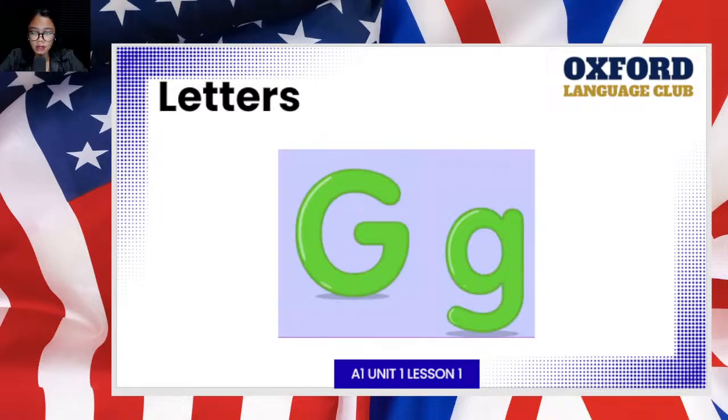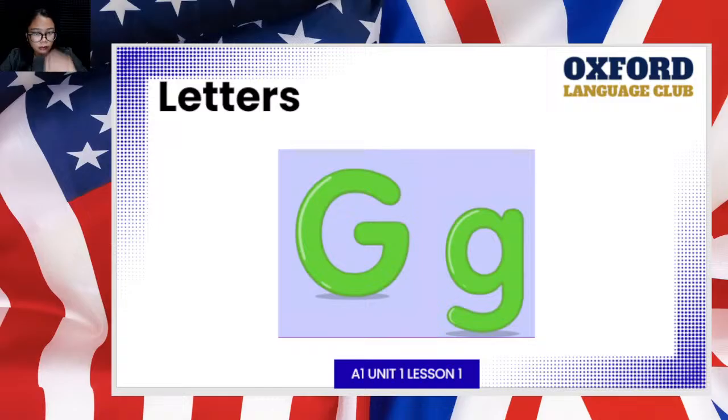Next, we are going to move on with letter G. Again, letter G. This is the seventh letter of the alphabet. Now, this is capital G on the left. Look at the shape. Big G is round with a little line. And then next on the right, small g is round with a tail that goes down.